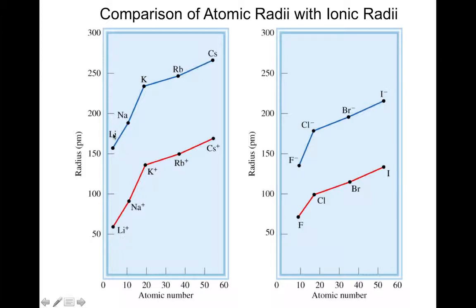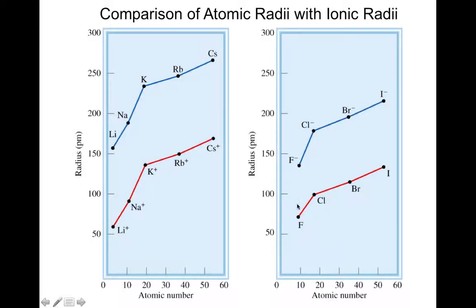Let's think about it. What's it doing to become Li+? It's losing an electron. So if you lose an electron, is your electron cloud going to get bigger or smaller? Probably smaller. And here, sodium loses an electron. The electron cloud gets smaller. Potassium, it's all the same. Rubidium, cesium, it's all the same.